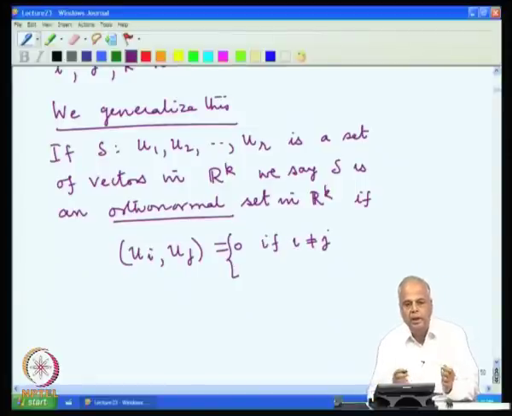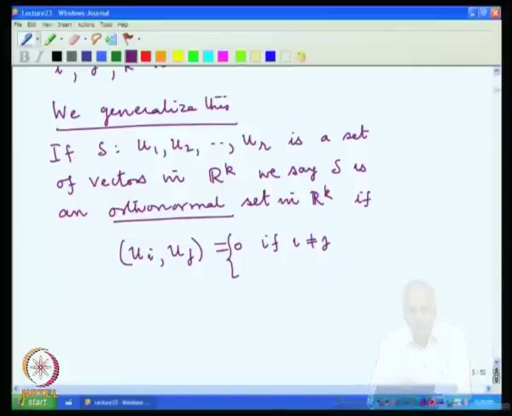That says, if you take any two different vectors from this set, their dot product, their inner product, is 0, which means they are orthogonal.